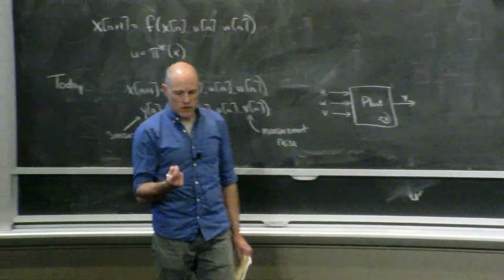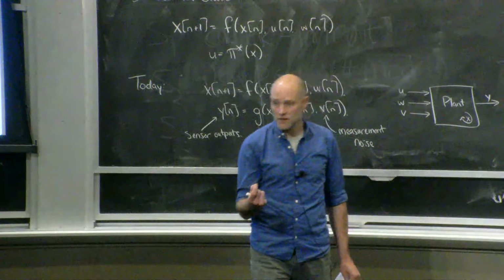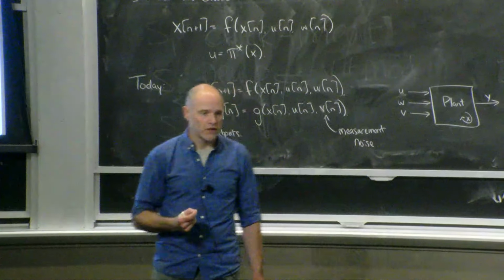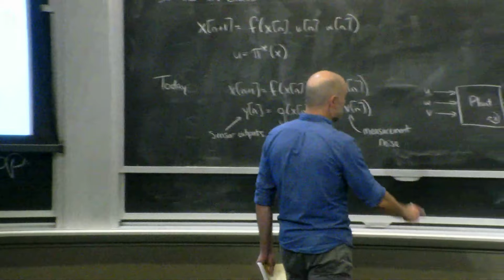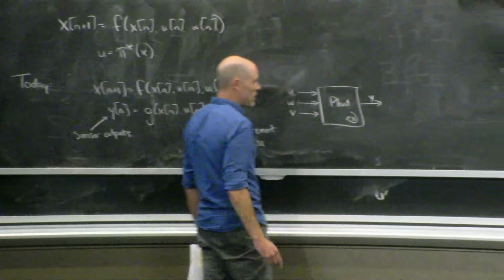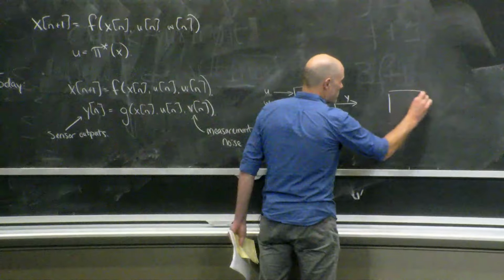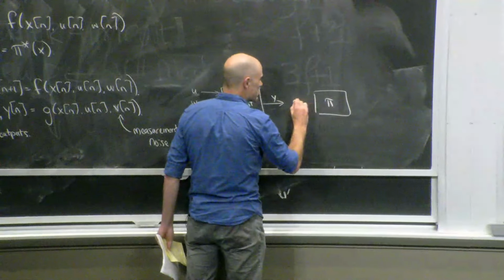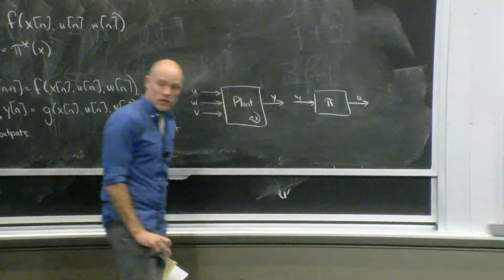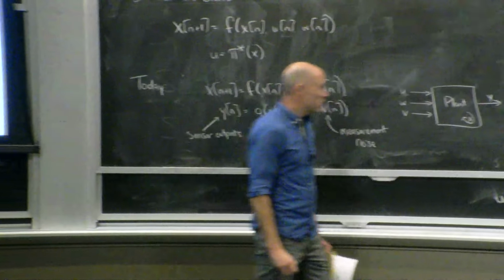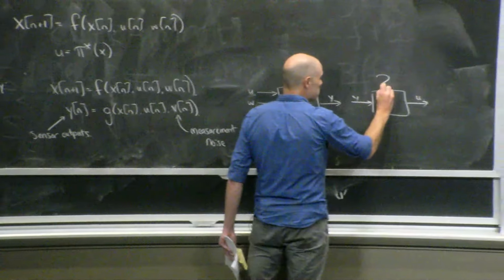It could be the encoders I have on my links, right? It could be an IMU. All kinds of things are the real outputs of the plant. And then ultimately, we want to write a controller that takes y and outputs u. And the big question today is, how do we do that?